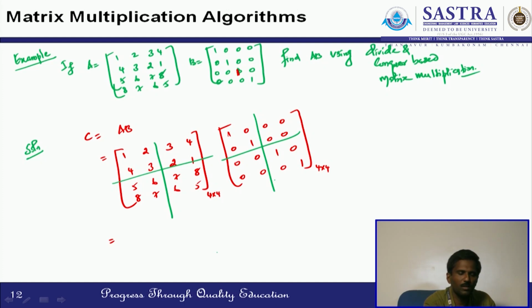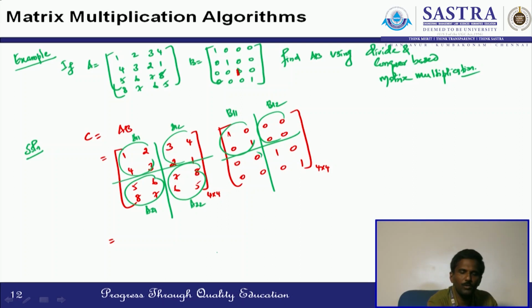So consider each matrix. This is A11, this is A12, this is A21, this is A22, this is matrix B's B11, B12, B21, B22.